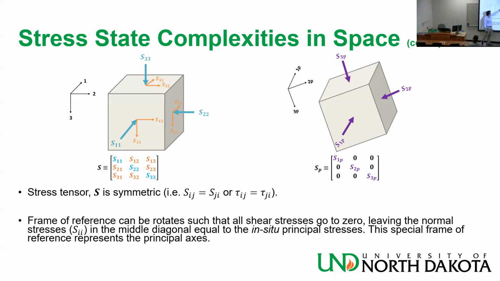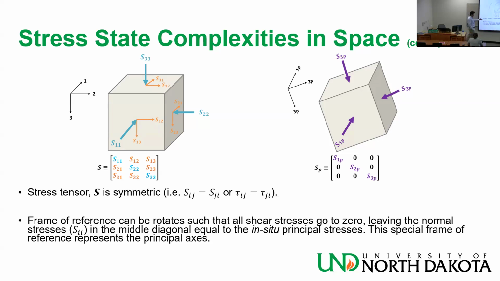And it goes on for everything, whatever you learn in multivariate calculus, I believe. Some people use S, some people use tau. Frame of reference is important. You rotate it such that the shear stresses go to zero, leaving normal stresses only in the diagonal. And those are the in situ principal stresses.